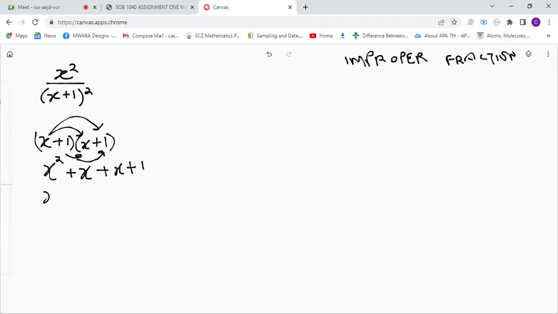Then 1 times 1 is 1. So we get x squared plus 2x plus 1.